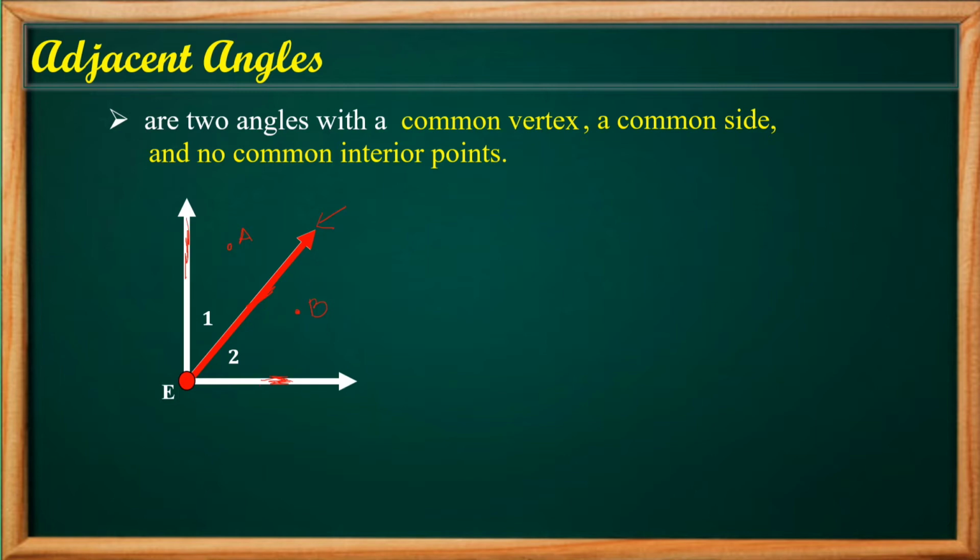Adjacent angle, I may remind, again, they have common vertex, common side, and no common interior points. Therefore, based on this, angle 1 and angle 2 are adjacent angles.